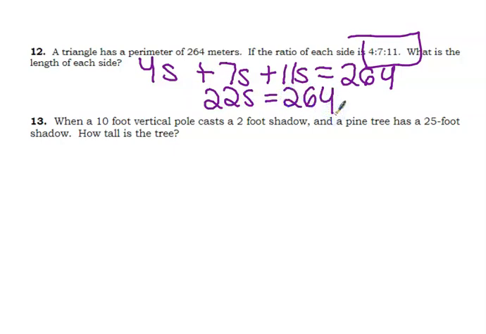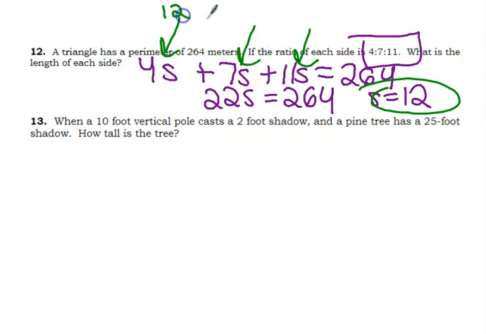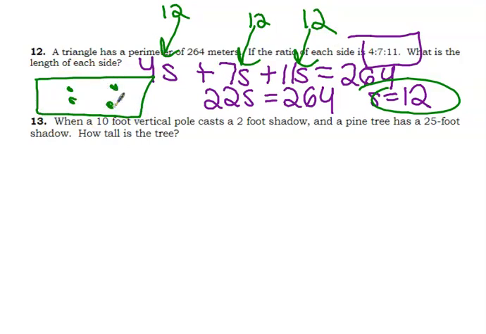Find the value of s. Okay, so s is 12. And you guys are going to plug it back into each of these. Plug 12 back in and find the value of each of the sides. Okay? All right, last one.